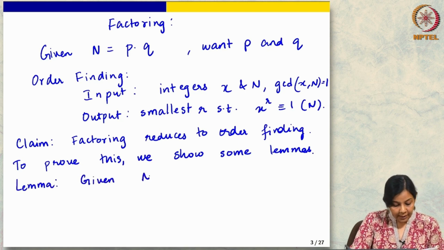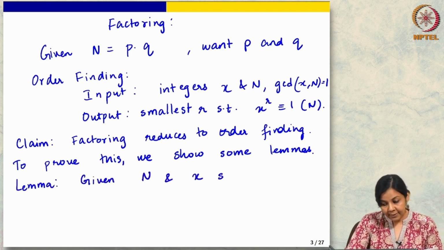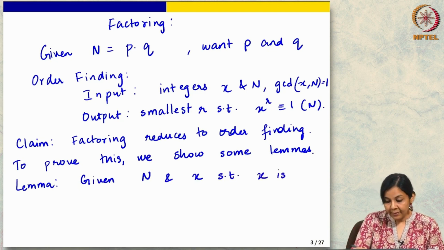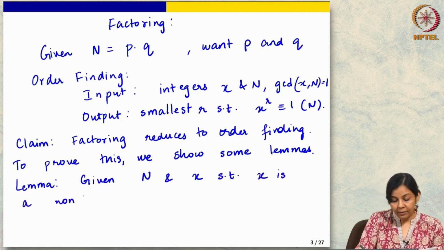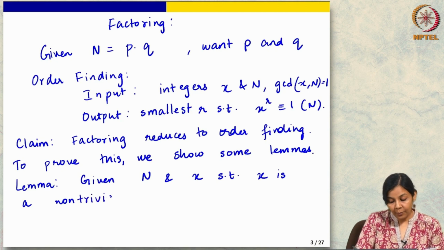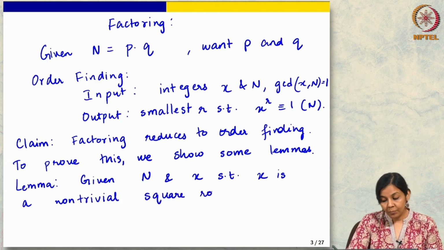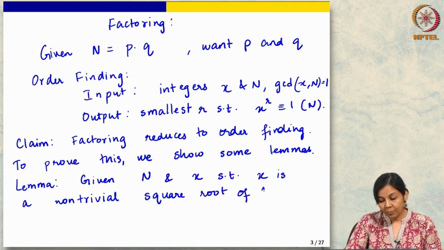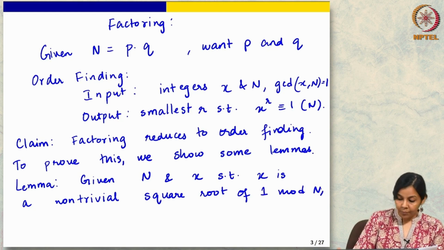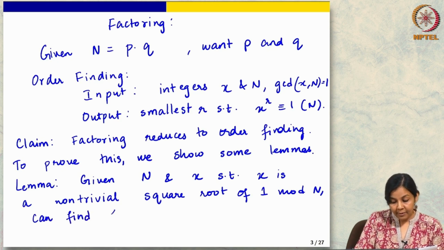Given n and x such that x is a non-trivial square root of 1 mod n, we can find factors of n.